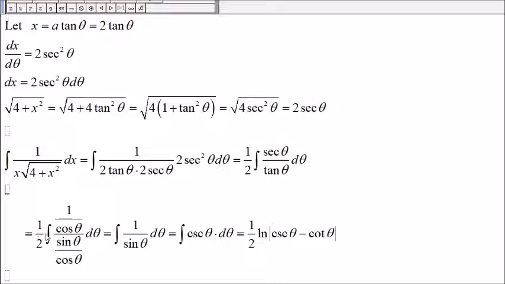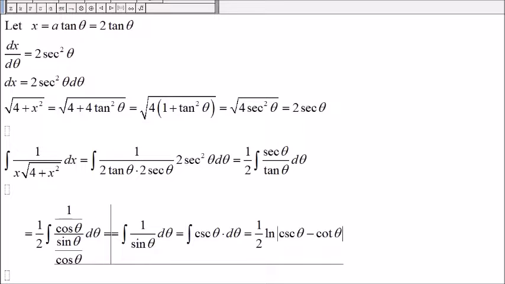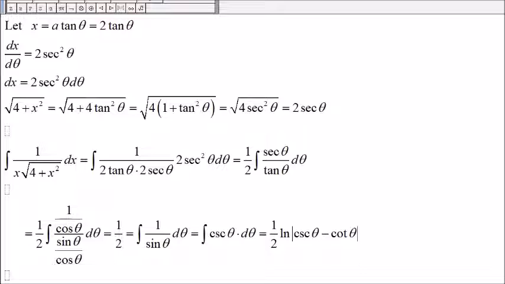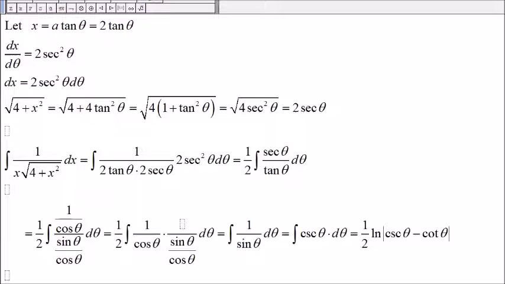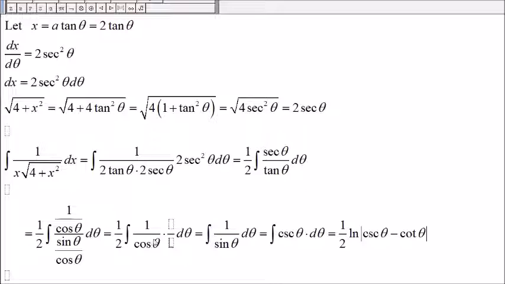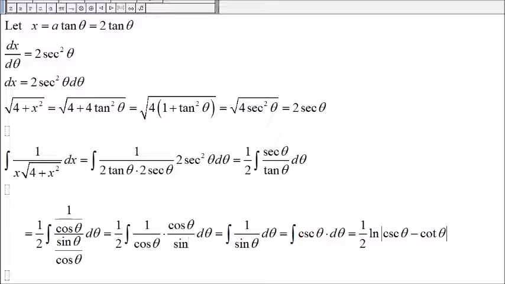Then we can rewrite this as cosine of theta over sine of theta.